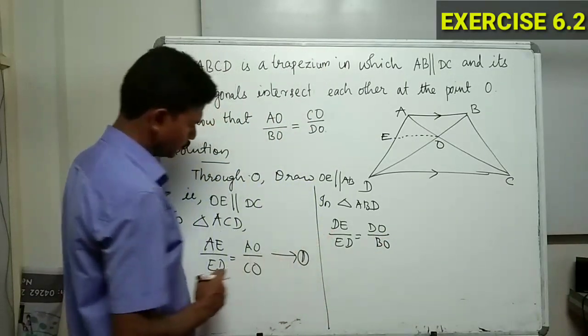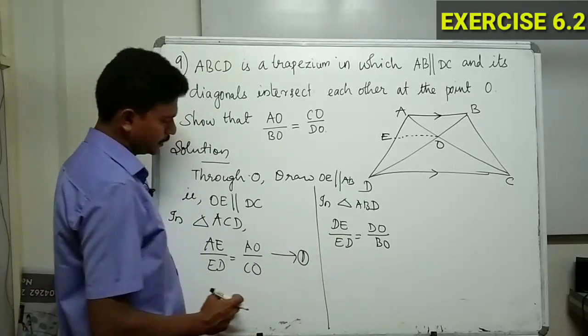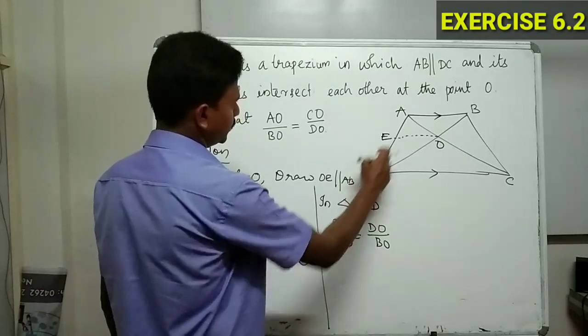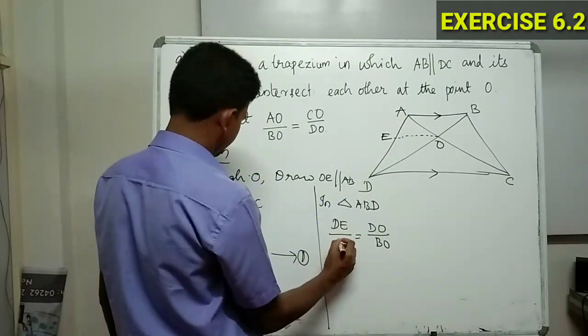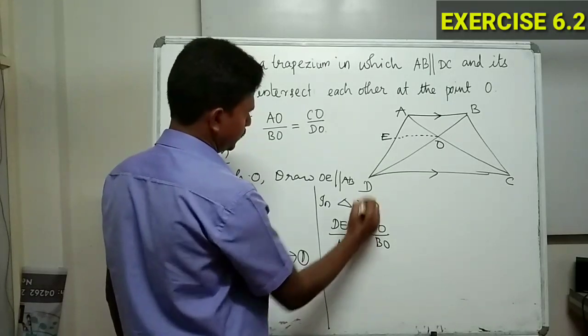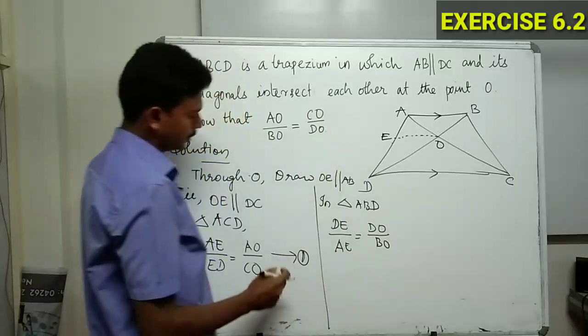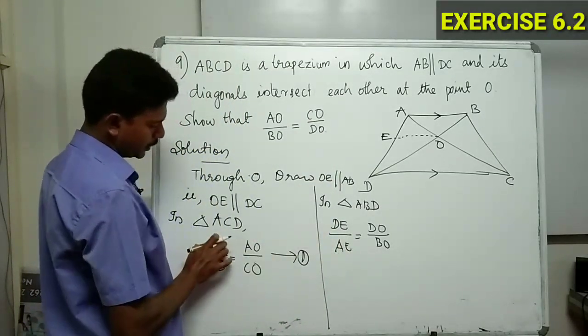If you see these two, AE by ED here, and DE by AE, we can write DE by AE or EA. This is actually the reciprocal of AE by ED.